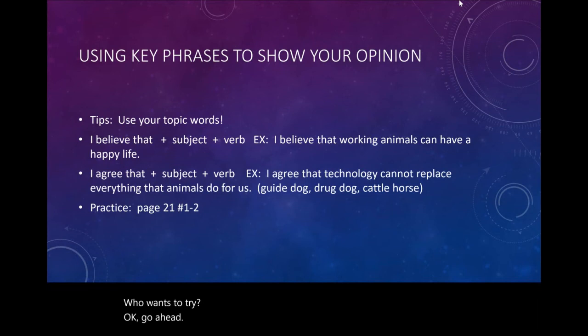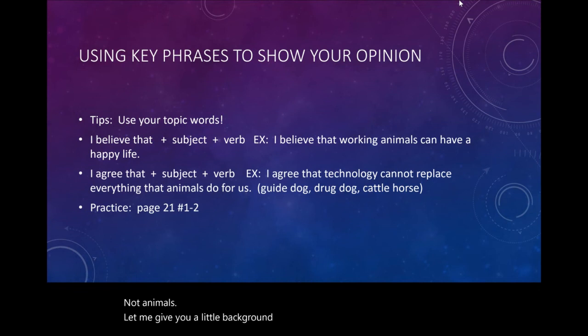I agree that we should focus more on helping people. Very good. Very simple, but it's very clear. So everybody heard her. She said, I agree that we should focus more on helping people, not animals.